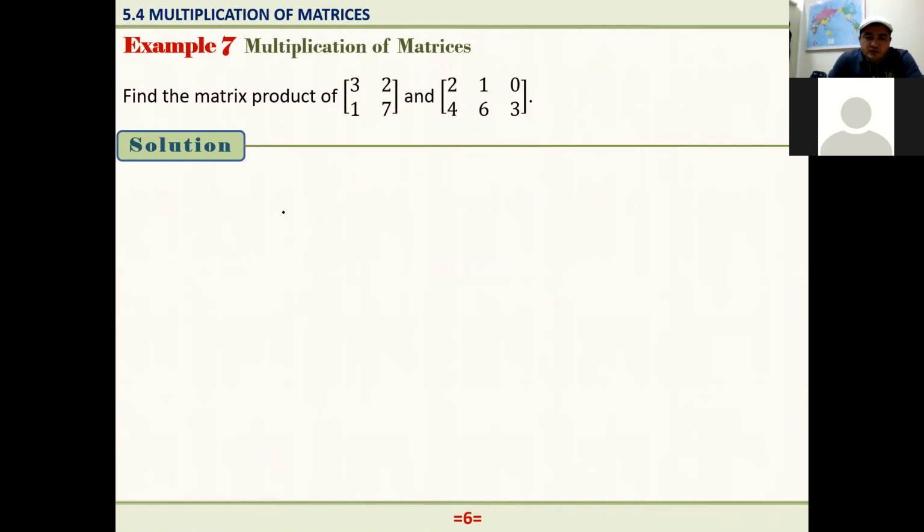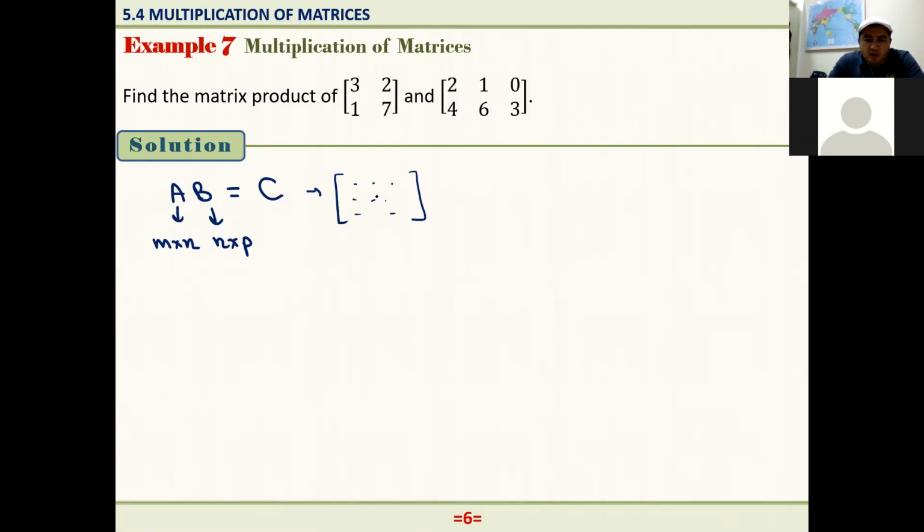Okay. In general, let me just write here, if we want to multiply matrix A by B, we will get one matrix, let's say C. And let's say the order of this matrix is M by N, and this one N by P. So if we just multiply A by B, C means here we have some kind of matrix like this, dots.